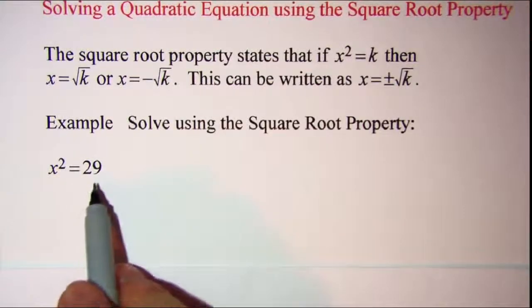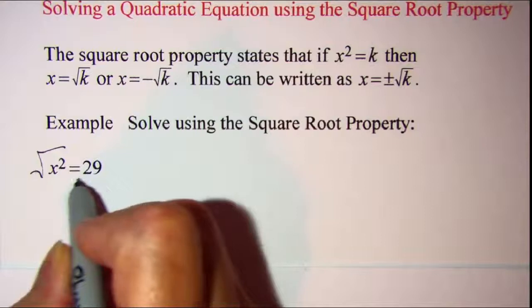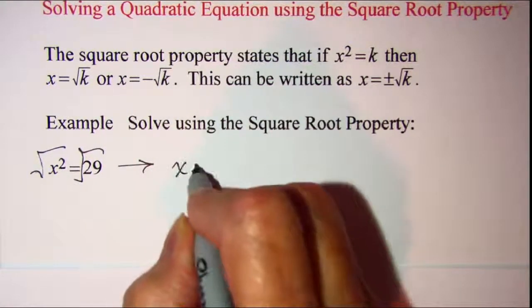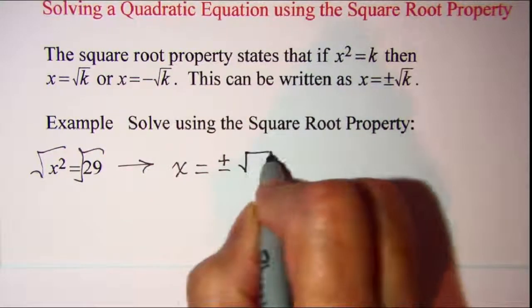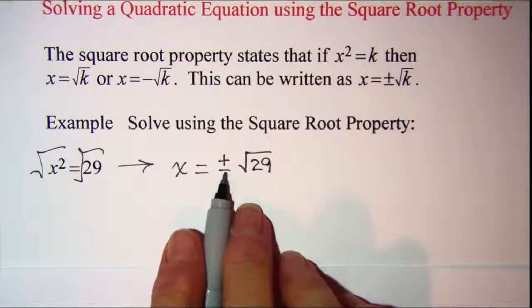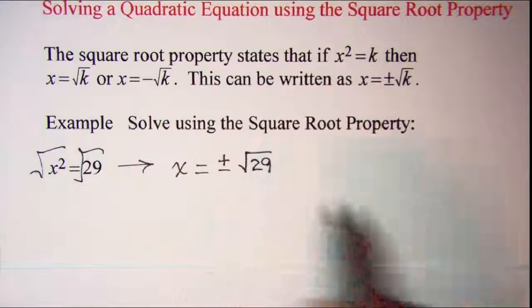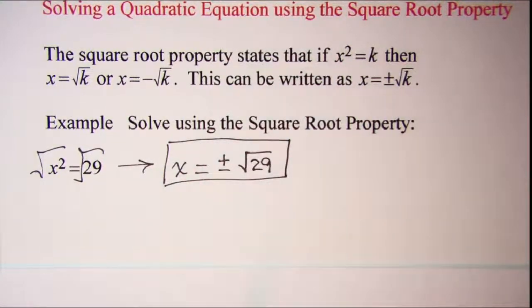So if x squared is equal to 29, if I square root both sides, I get x is equal to plus or minus square root of 29. Be very, very careful that you remember plus or minus. Square root of 29 will not simplify, so this is my solution for this equation.